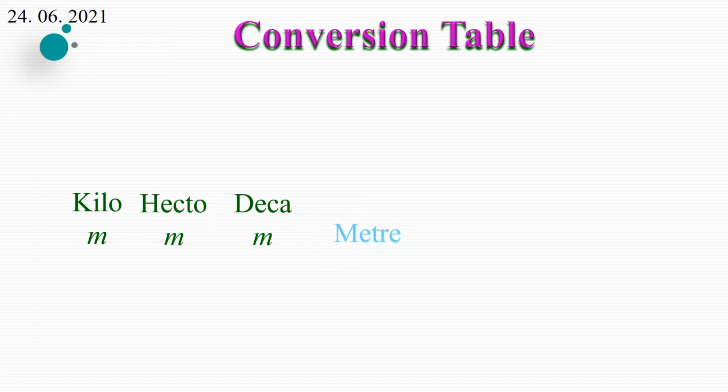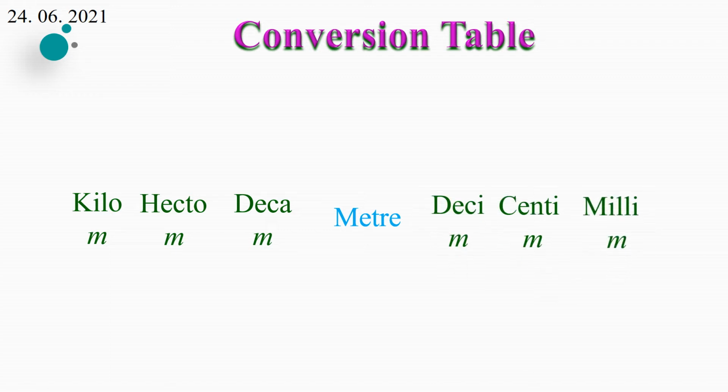Let's see the conversion table. As you know very well, the largest unit is kilometer. We have to start with kilometer, hectometer, decameter, meter, meter is the base unit, decimeter, centimeter, millimeter. Smallest unit is millimeter.